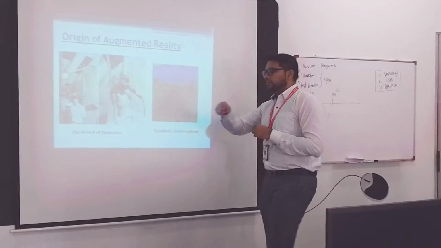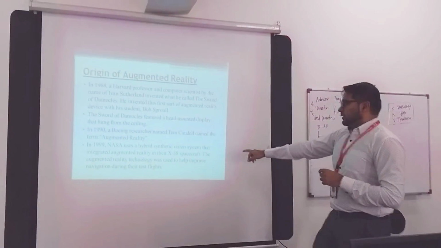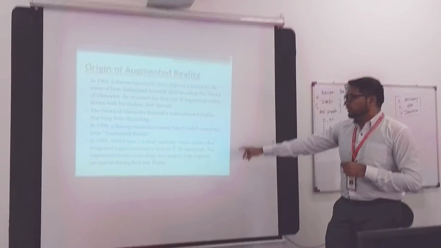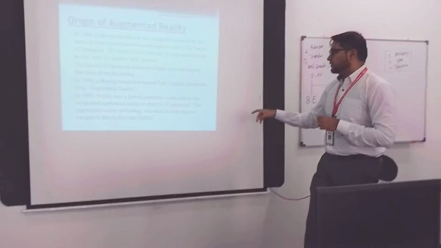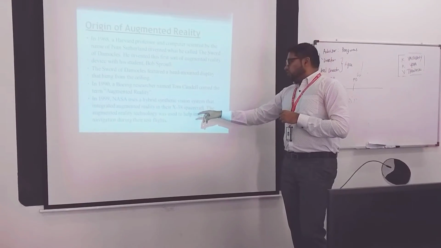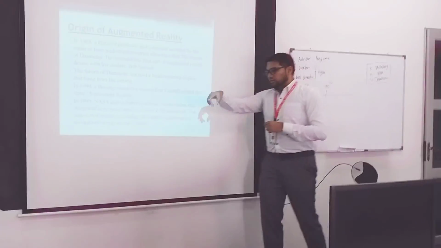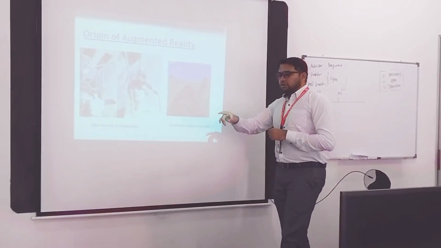Previous slide. Then in 1999, NASA used a hybrid synthetic vision system that integrated augmented reality in their X-38 spacecraft. The augmented reality technology was used to help improve navigation during their test flights. The next slide shows the kind of device that NASA invented.